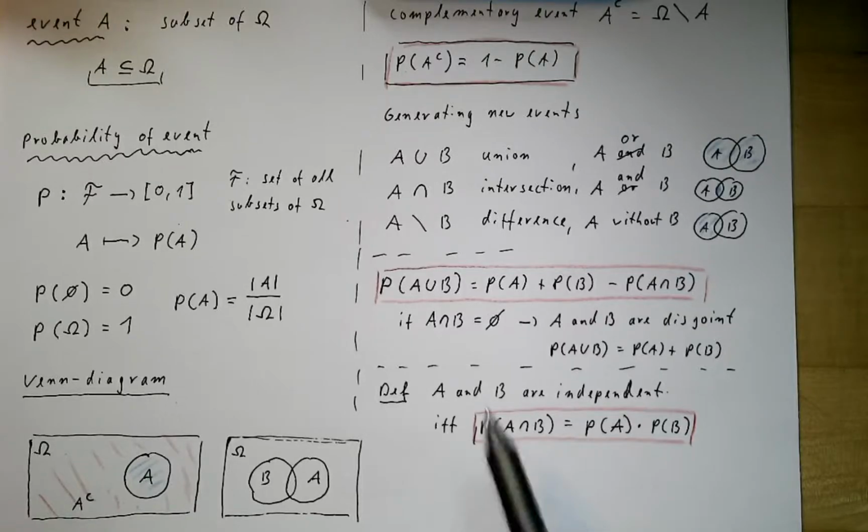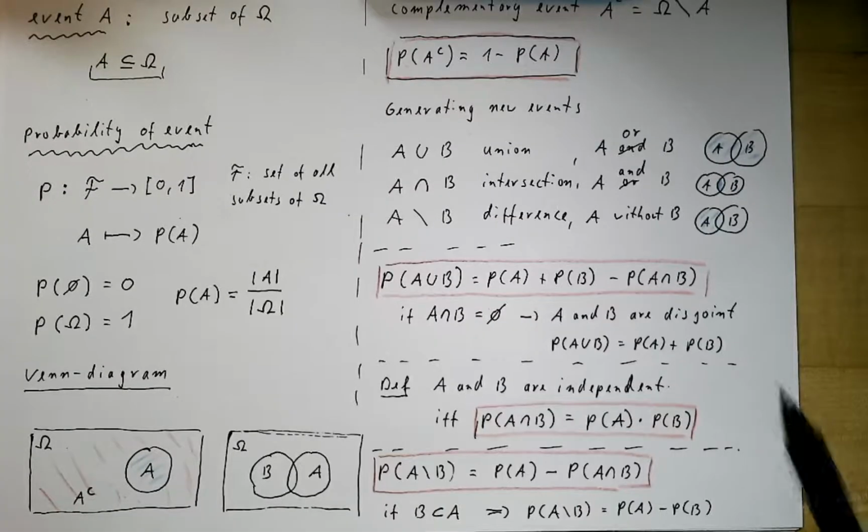And finally, the difference. Here's the rule for the difference. The probability of A without B is the probability of A minus the probability of the intersection.